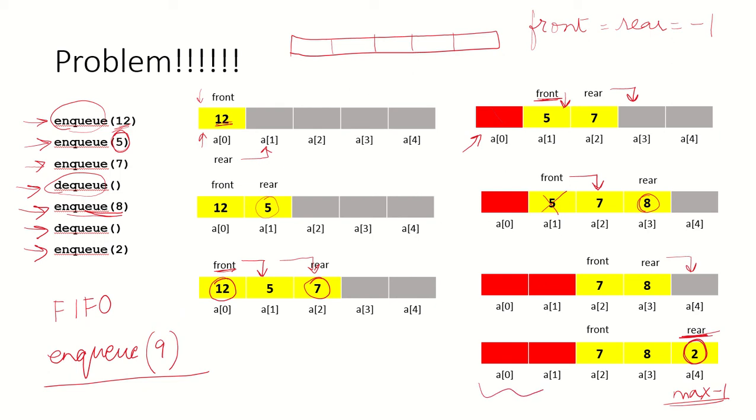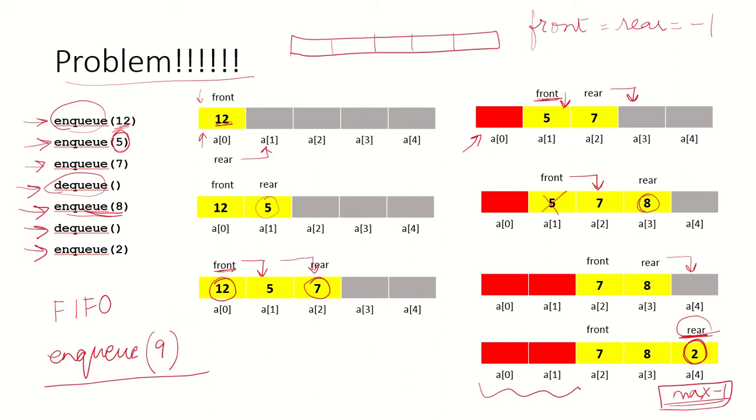However, you can see that we still have space over here in the array where we should be allowed to put elements. So this is the problem with a linear array. If we have a linear queue like this, as soon as rear equals max -1, it will be considered a full queue and no more insertions would be allowed. That would result in an overflow.